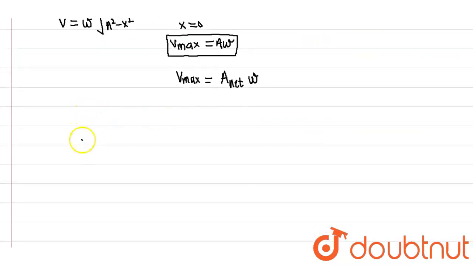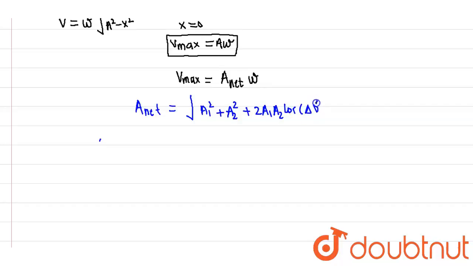We know the formula for the resultant amplitude: a net equals root over a1 square plus a2 square plus 2 a1 a2 cos del phi, where del phi is the phase difference.